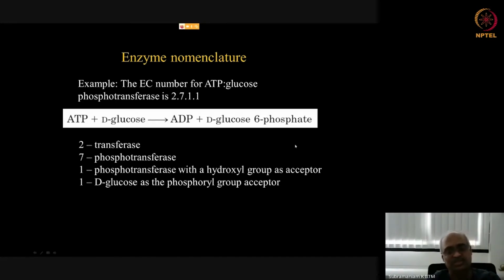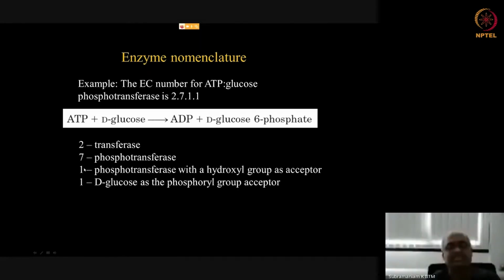So it is going to be an ester linkage. This phosphate is an acid, and there is an alcohol, so an acid-alcohol reaction gives an ester. And when a phosphor group is transferred to a hydroxyl group acceptor, that is subgroup 1 under subgroup 7. So therefore, this is 2.7.1.